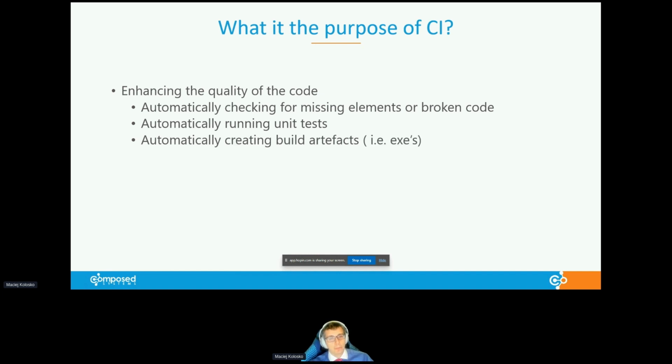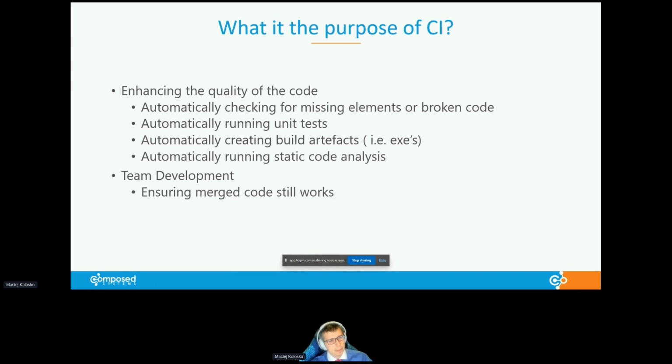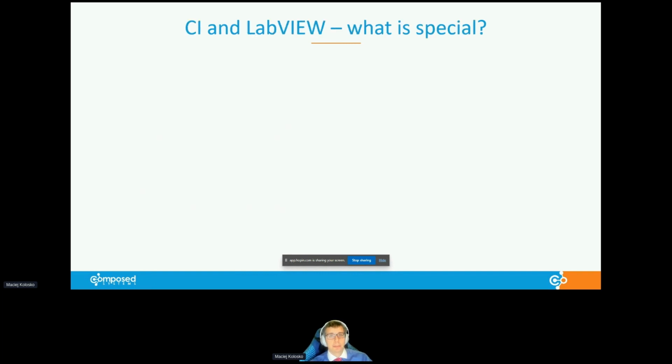It will automatically create a build artifact such as an executable or NI package or whatever the output of your software is, so you can then link it to your source code. And it can also automatically run static code analysis, which can be very useful if you want to ensure that the quality of your code improves rather than degrades. It's also crucial for team development. It will ensure that your merged code still works.